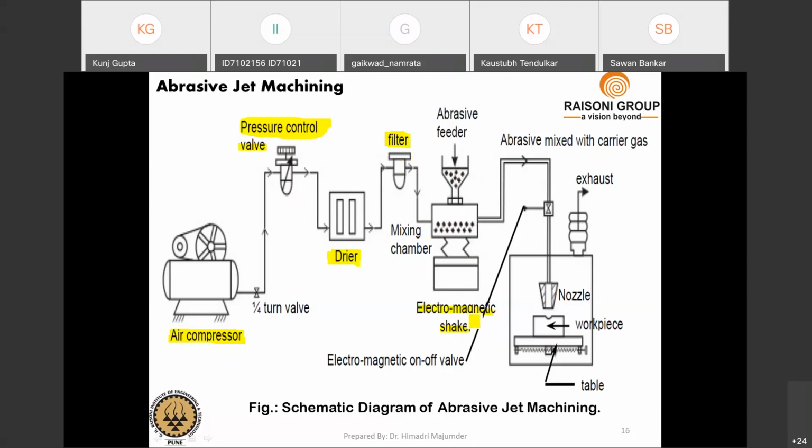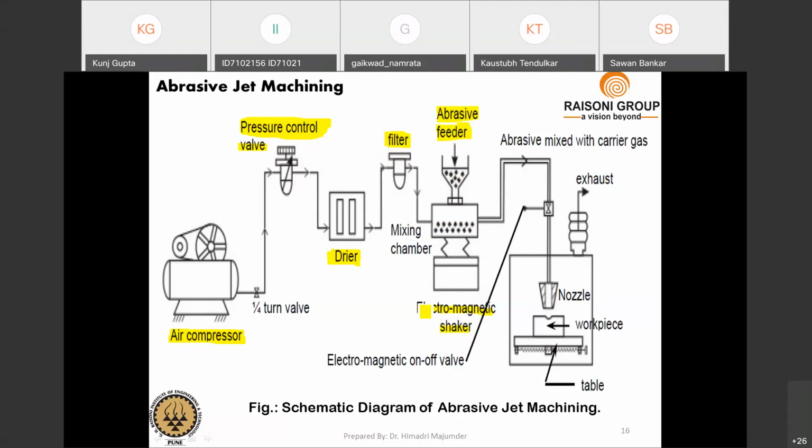What is the function of this mixing chamber? Through this abrasive feeder, we will feed our abrasive in the form of powder, in the form of grit, into the mixing chamber.